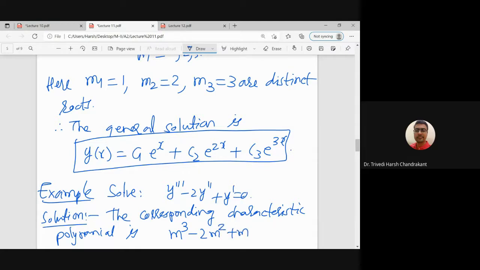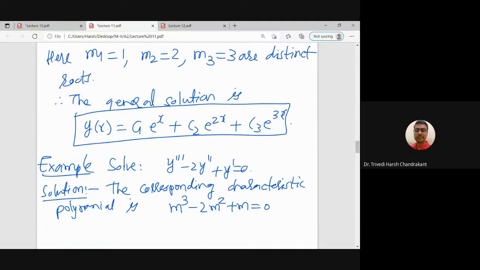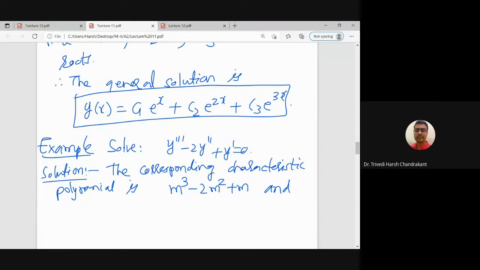There is no constant term, there is no y term, right? So from this itself, we can easily see that at least one root is 0.